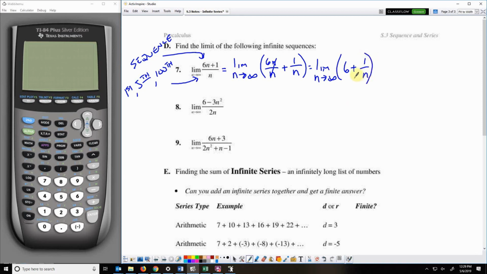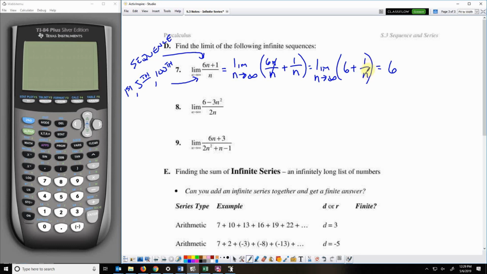Now let's think about as that term number gets bigger and bigger. For term 1, this part is 6. For term 10, this part is 6. For term 1,000,000, this part is just 6. So as n grows, it does not affect that 6 at all. That's going to stay a 6. But as n gets bigger, it does change this fraction.